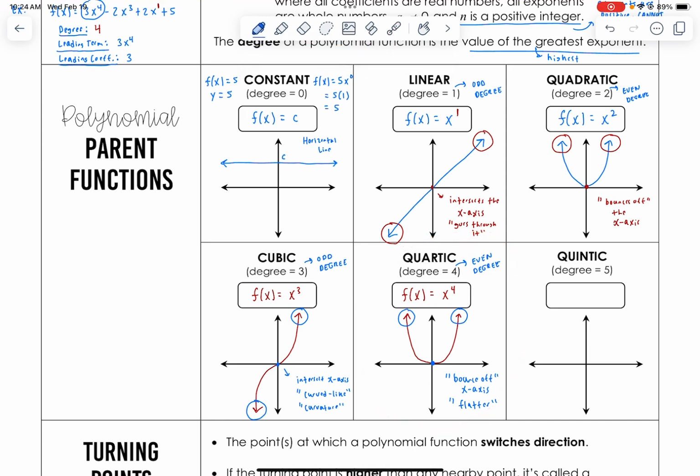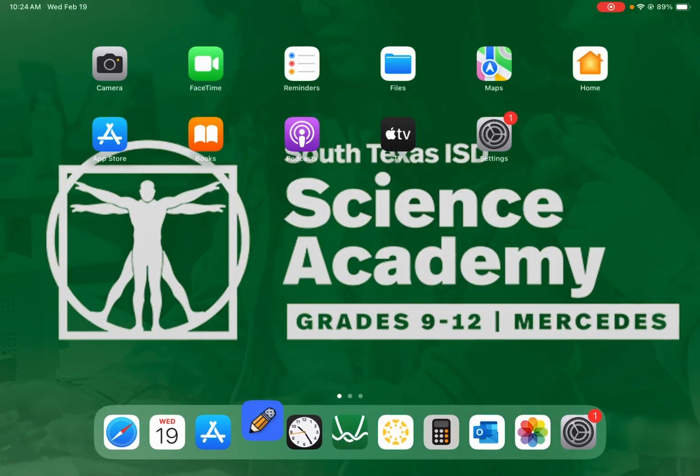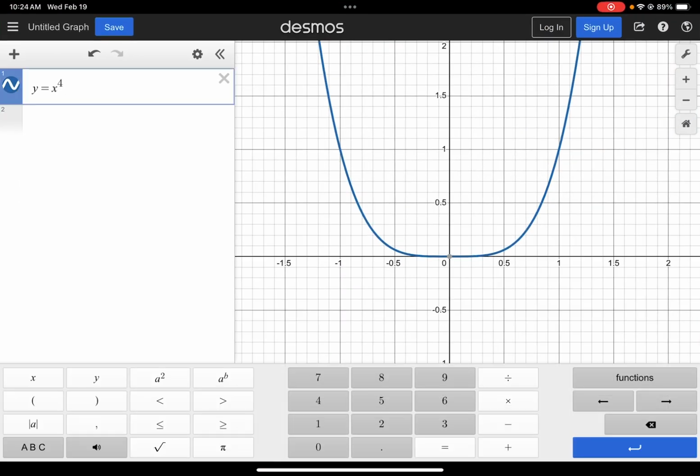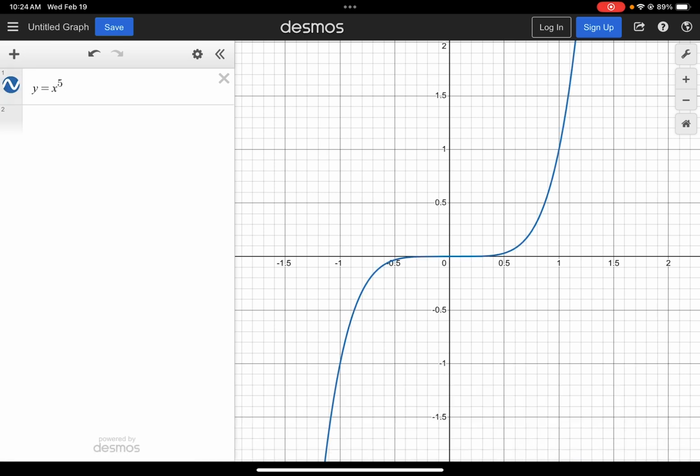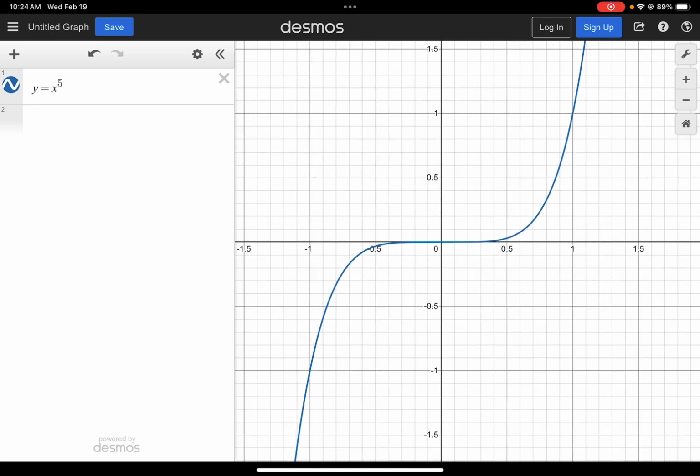All right, and the last graph is the quintic. So here, the general parent function is f of x equals x to the 5th. If we graph that on Desmos, I'll change that to a 5. And if you look at this one, this sort of looks like the cubic graph, just slightly different.